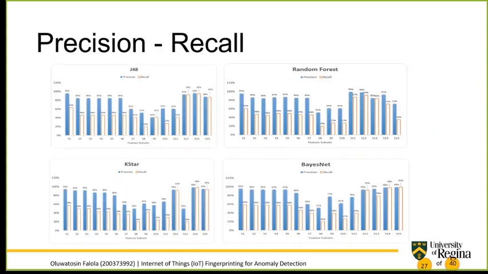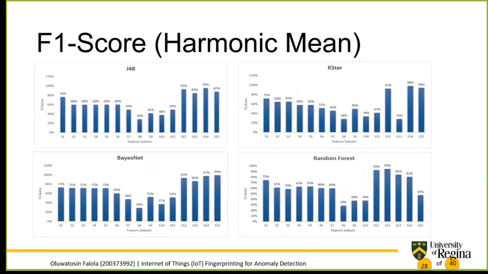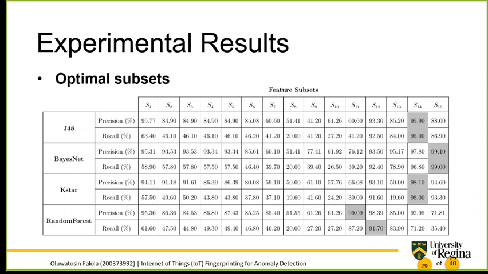And this is the result of my experiments. If you can see from this graph, for precision, the best subsets are S14, S15, S14, and S11, and these are in J48, Bayesian network, K-star, and random forest.